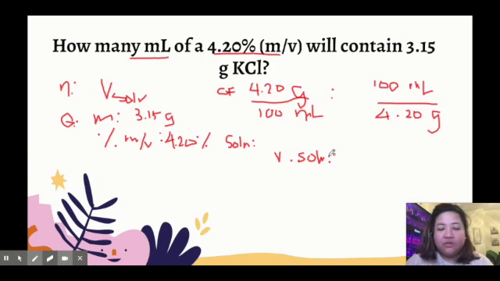So here we're going to write 3.15, which is the mass of the solute, times, okay, I'm going to use this one. I'm going to explain why. I'm going to write it first.